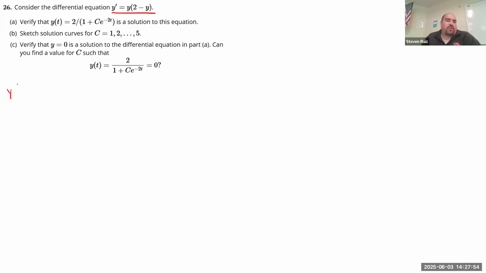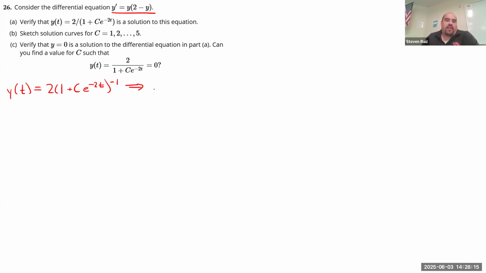Actually, let's do this first. Let's rewrite the solution given. The solution they're offering is 2 over 1 plus c e to the negative 2t. I'm going to rewrite this as 2 times 1 plus c e to the negative 2t, that quantity all to the negative 1.